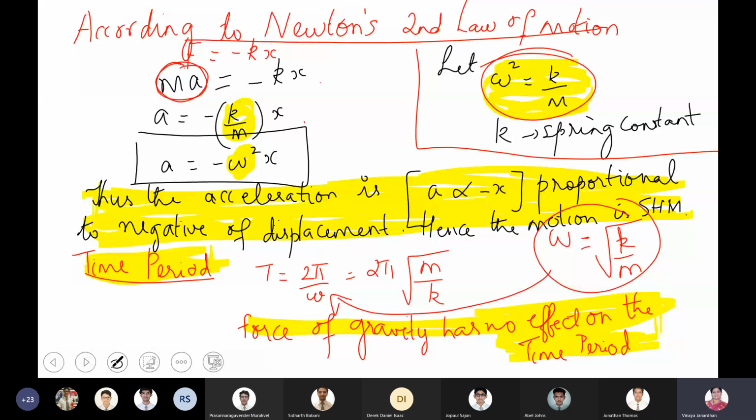Fine. Shall I move to the next slide? So your time period has no factor of force of gravity.